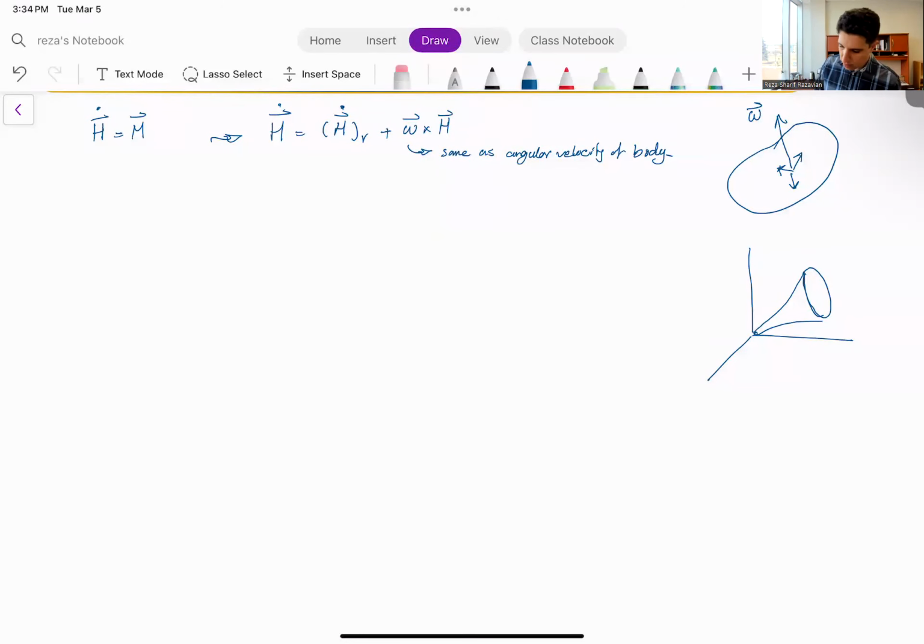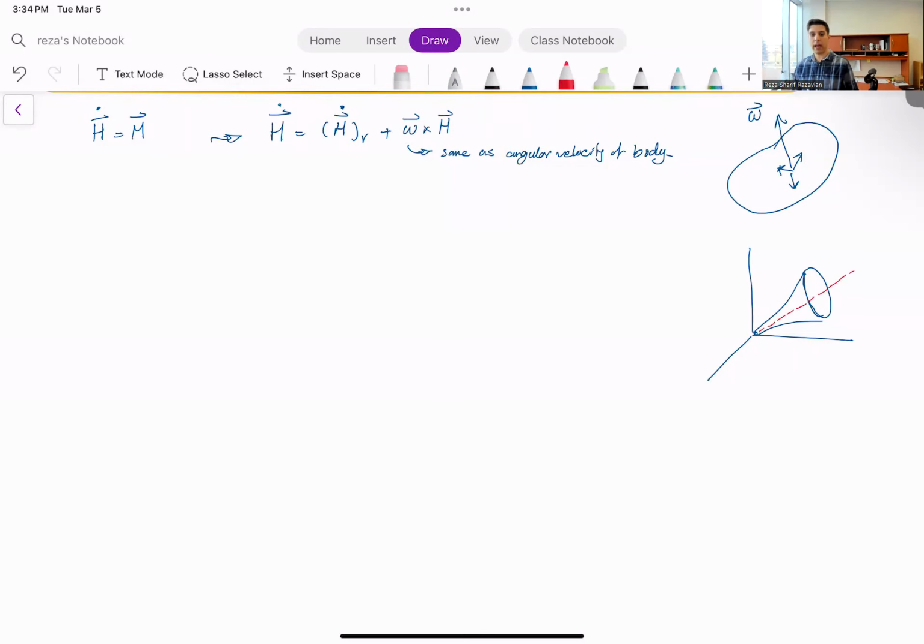Yeah, that's actually nice. So this body has a very nice symmetry.